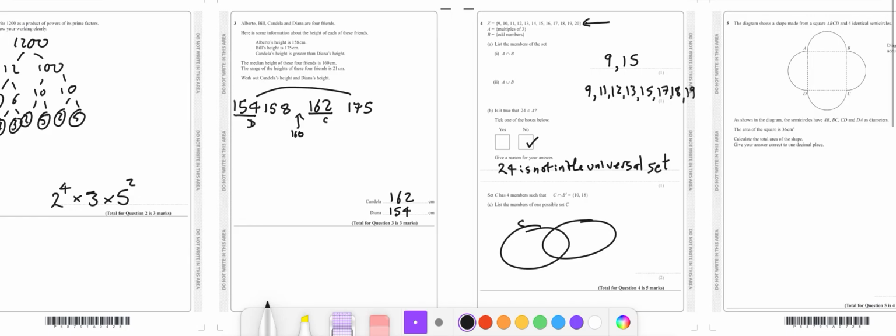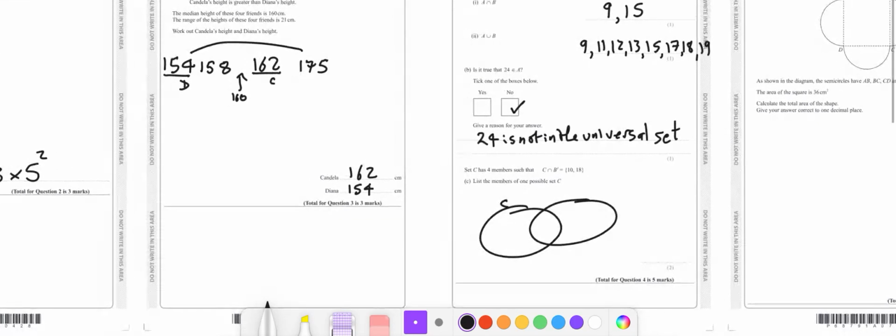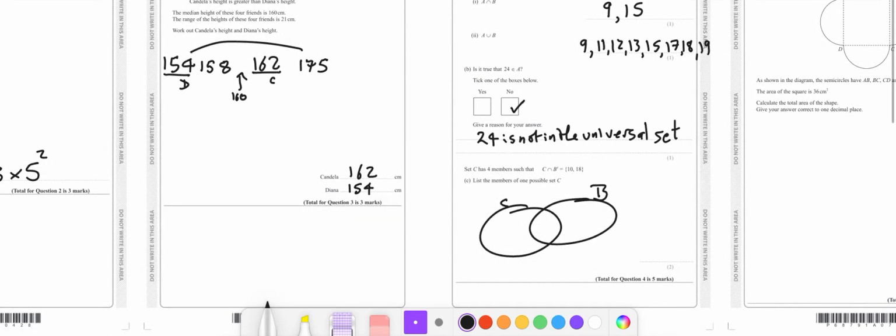B is odd numbers. And C intersection B dashed is this. So this is 10 and 18. List the members of one possible set of C.